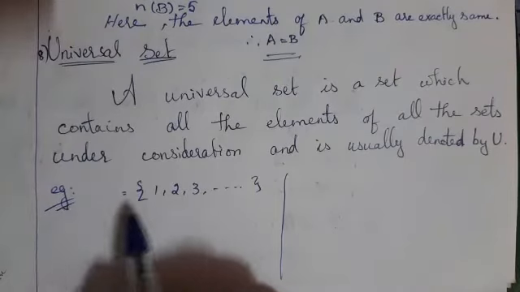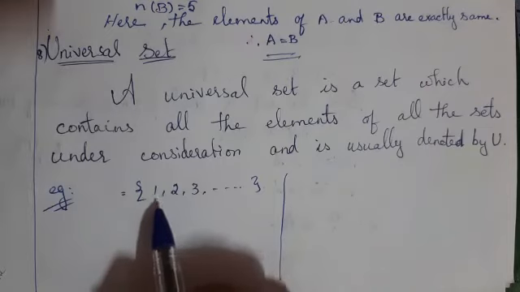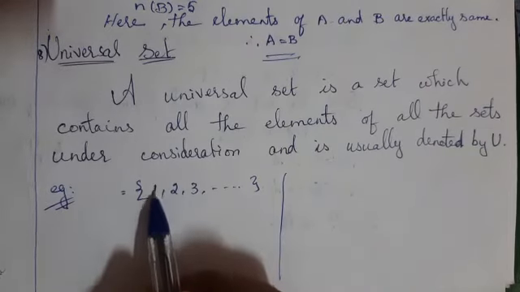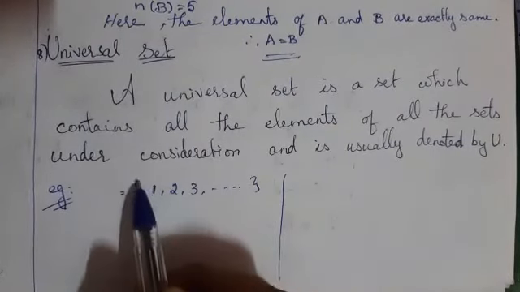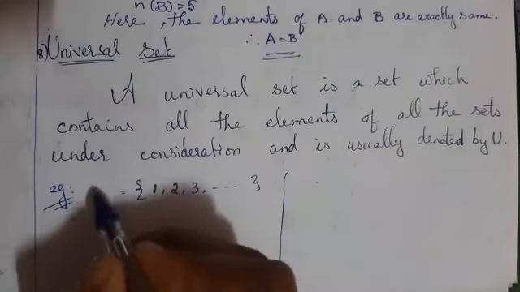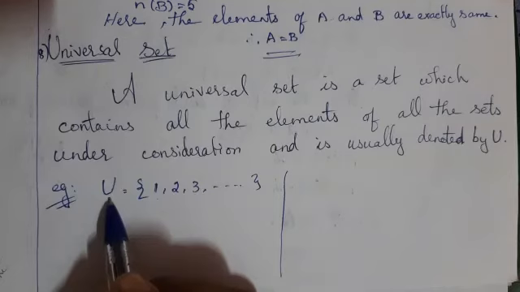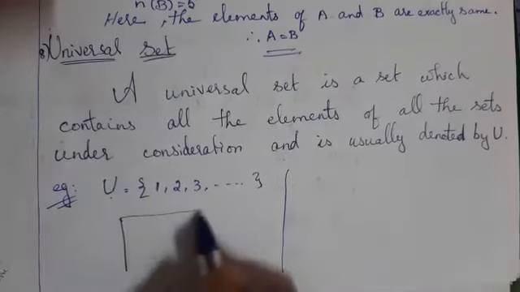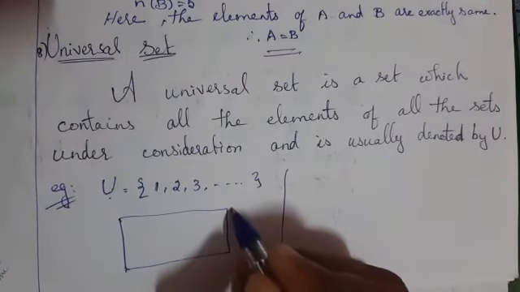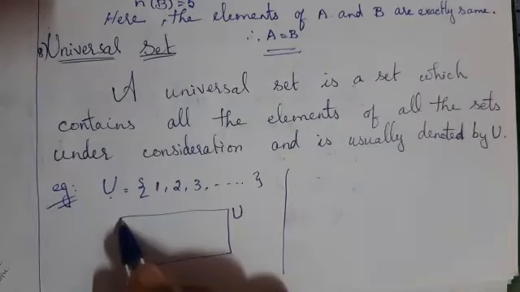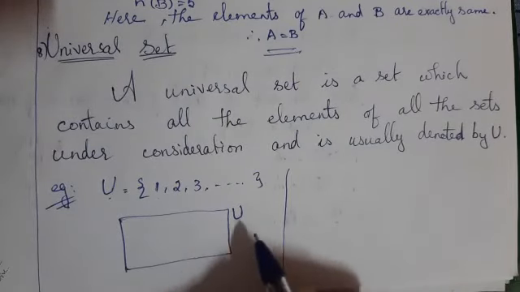See the example, if you would like to discuss natural numbers. What are the natural numbers? They start from 1: 1, 2, 3, etc. When you are ready to discuss natural numbers, the natural numbers set is the universal set. The universal set is denoted by capital U. If this is the universal set, inside you have all the numbers which belong to natural numbers.